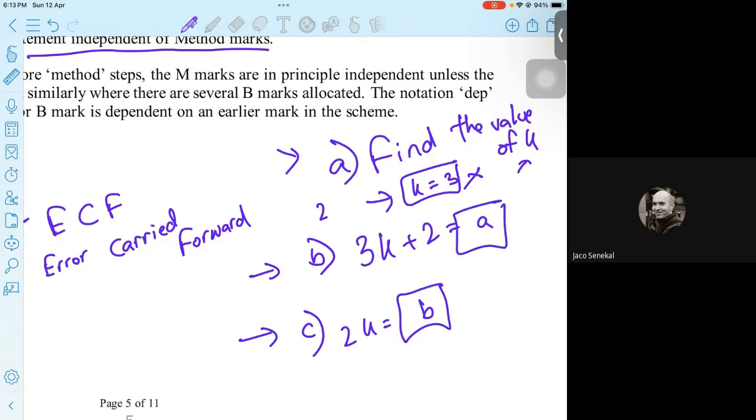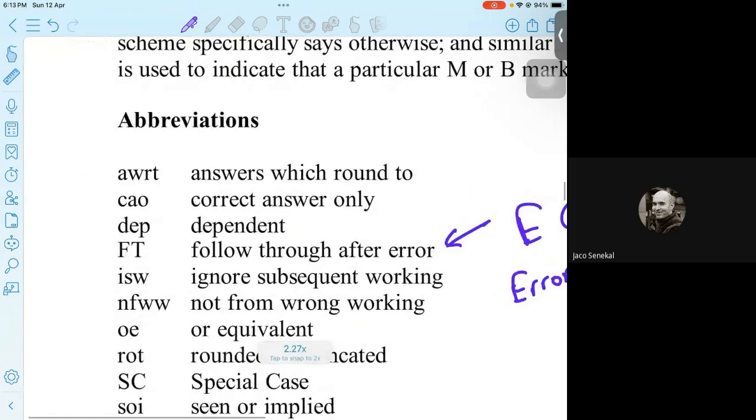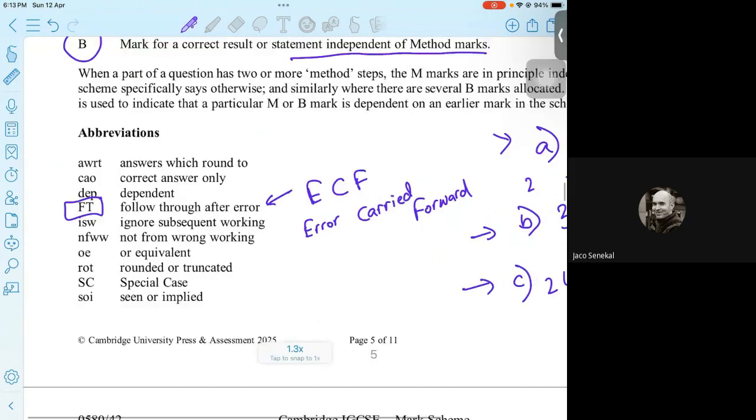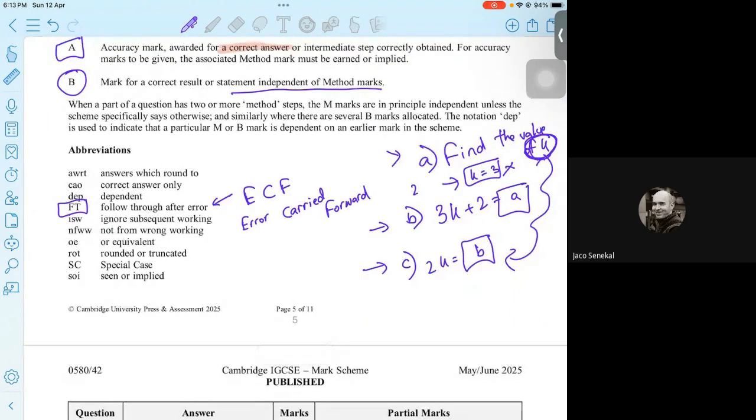But since your answer of k was wrong in the first step, all of your corresponding answers will be wrong. This mark basically guarantees that as long as your method and understanding are okay, even if you got a wrong answer in the first step, as long as you keep that value consistent throughout the rest of the math, you are going to get that mark. Does that make sense?